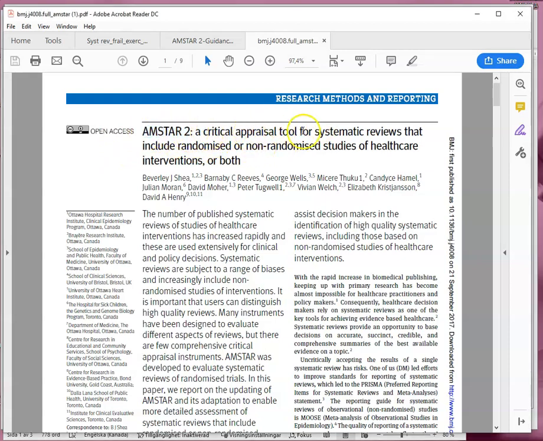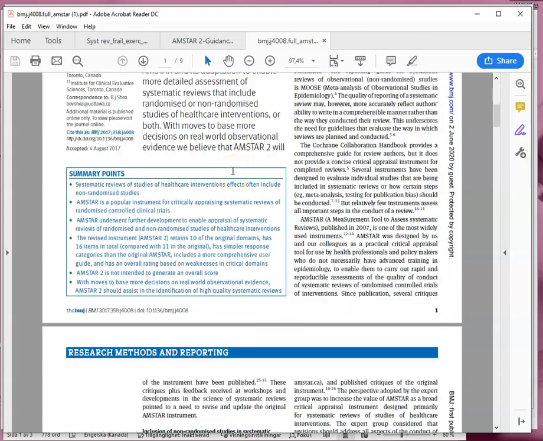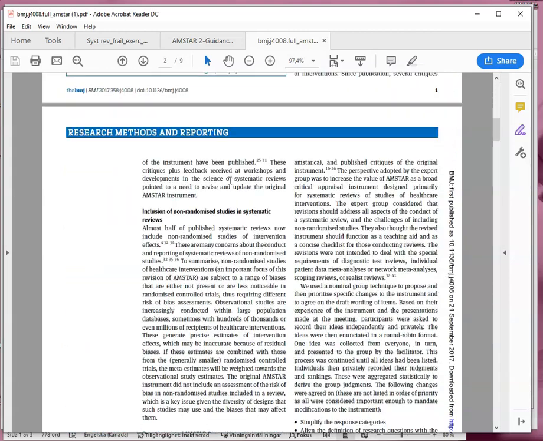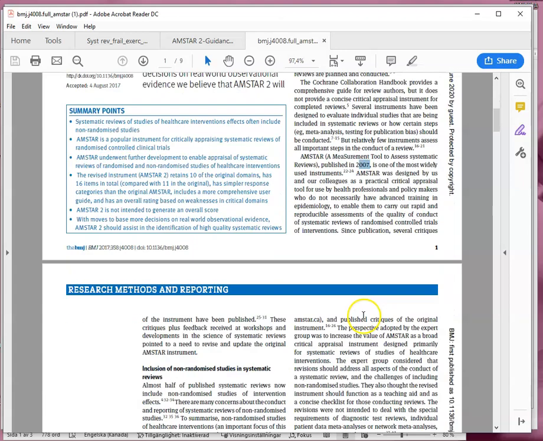It's a critical appraisal tool for systematic reviews that include randomized or non-randomized studies of healthcare interventions. As the introduction states, it is the second version, because AMSTAR 1 was already published in 2007 and has been used very much.